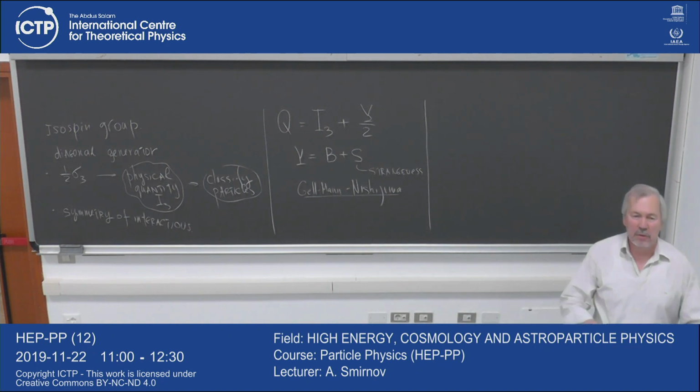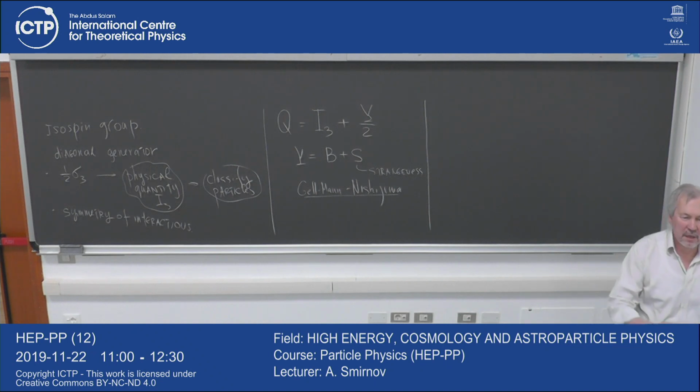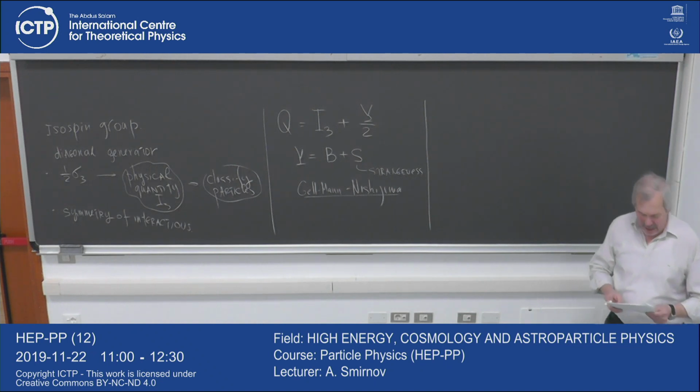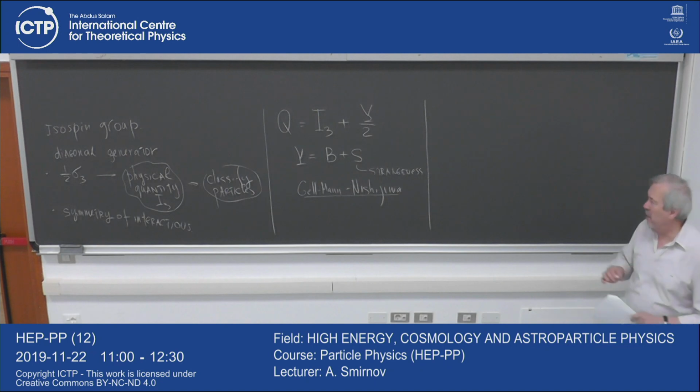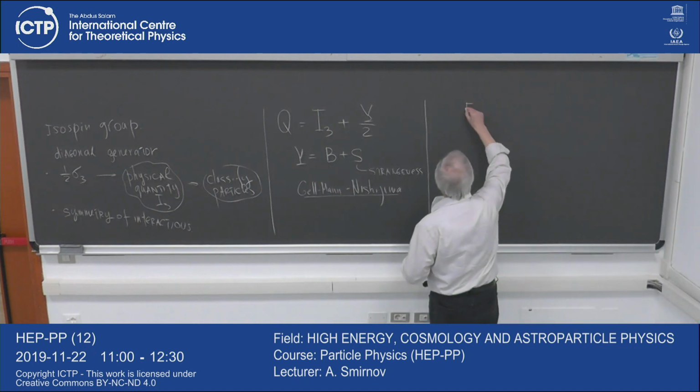So it's like a zoo. You have many animals, so you make classifications of these animals. And what has been done is that all these particles were grouped in different families of particles.